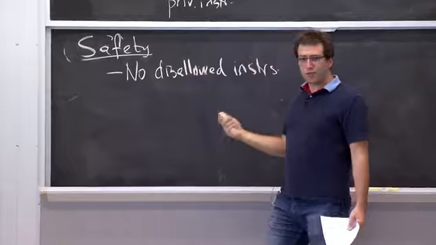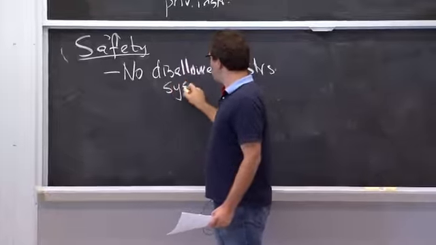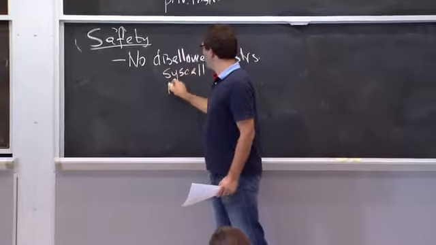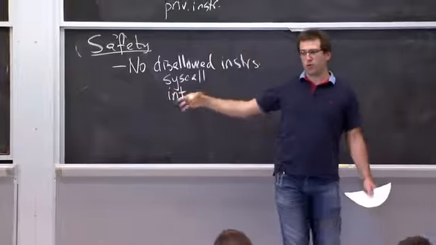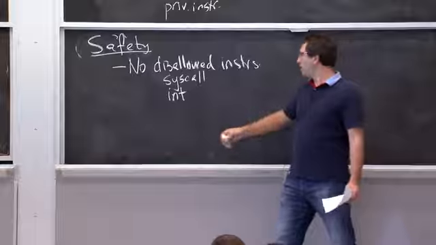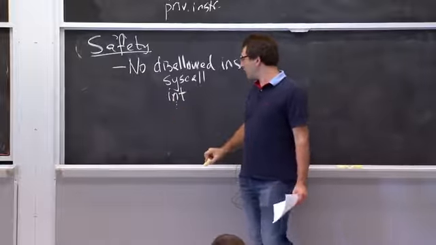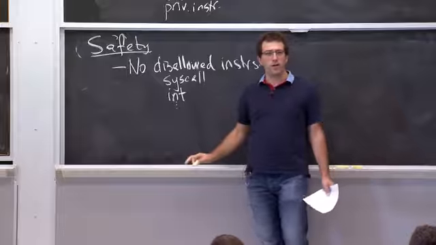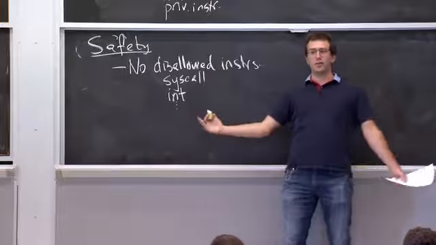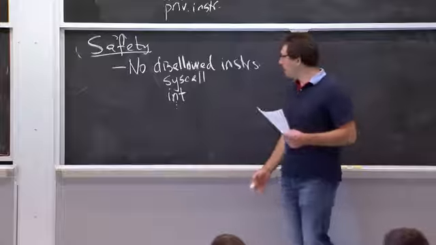And these disallowed instructions are things like system calls, or triggering an interrupt, which is another mechanism on x86 to jump into the kernel and invoke a system call, and probably other privileged instructions that would allow you to escape out of the sandbox. We'll look a little bit more later at what instructions could actually let you jump out of a sandbox.